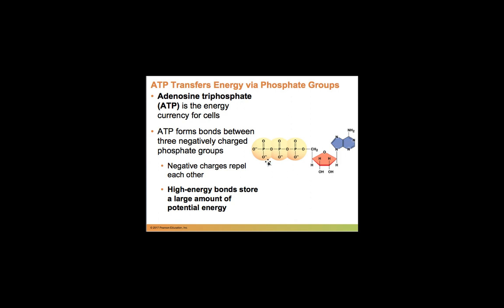So all these bonds are very high energy. High energy bonds have a lot of potential energy. How ATP works is we're going to start cleaving off phosphate groups. When we break these bonds is when we release that potential energy, and that potential energy will perform the work.